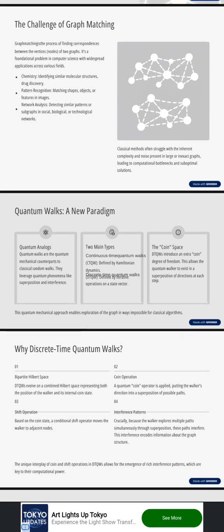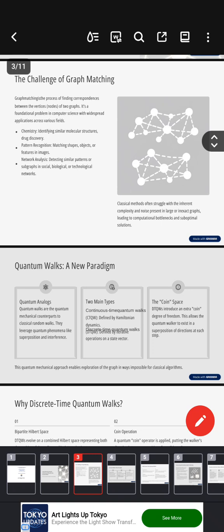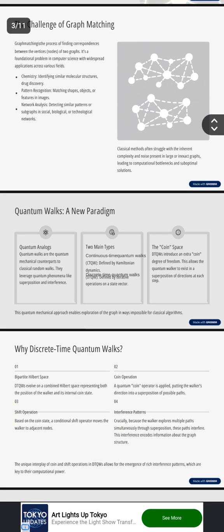Quantum analogs, two main types, and the coin space. First we'll learn about quantum analogs. Quantum walks are the quantum mechanical counterparts to classical random walks. They leverage quantum phenomena like superposition and interference.